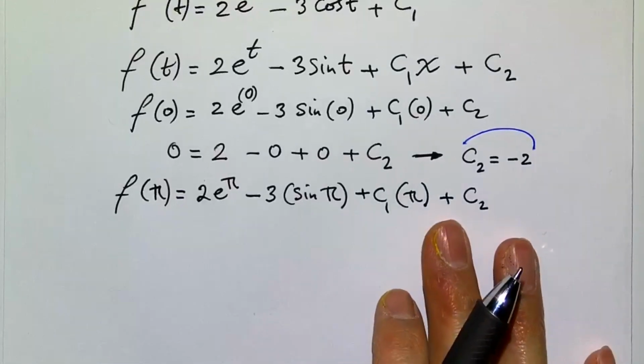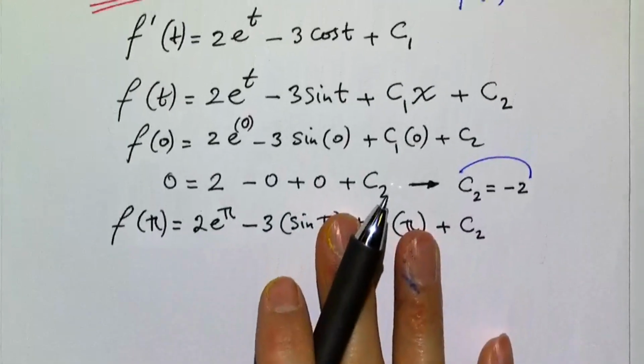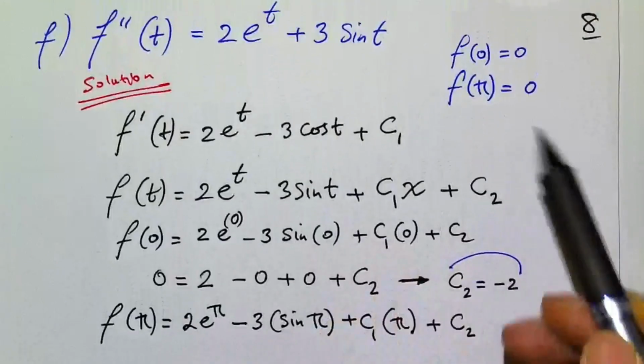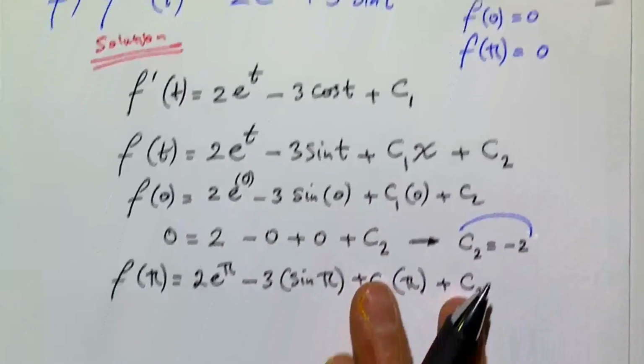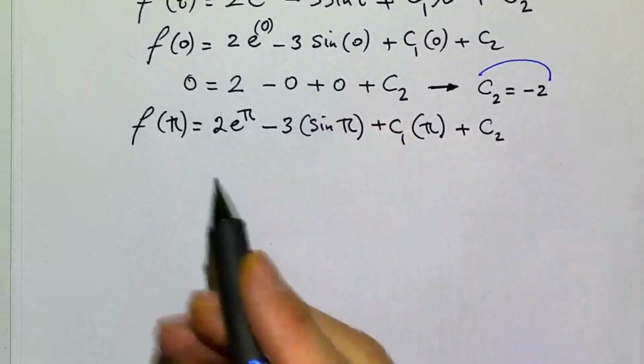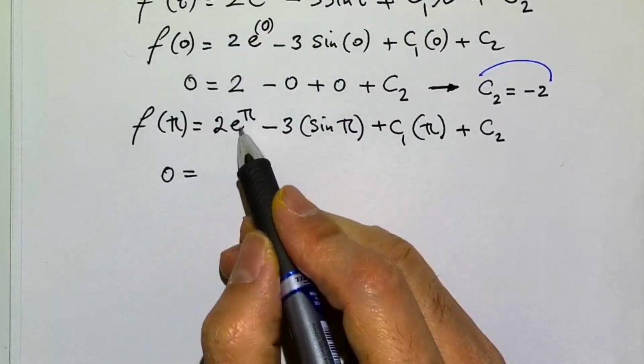We know that f of pi is 0. That's the additional information we were given.